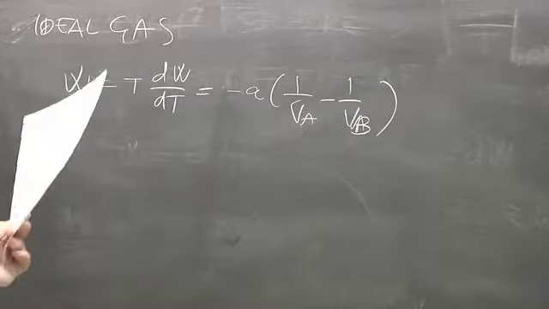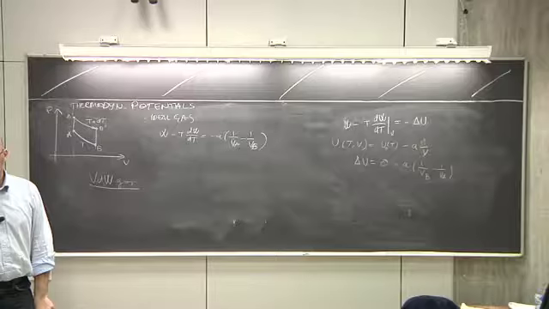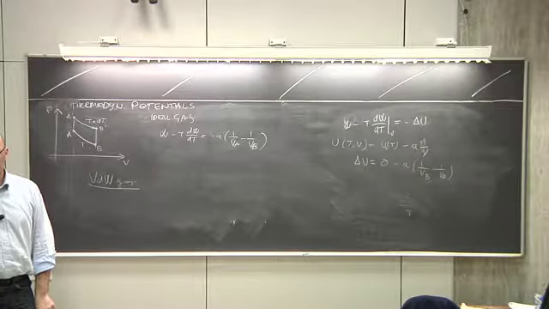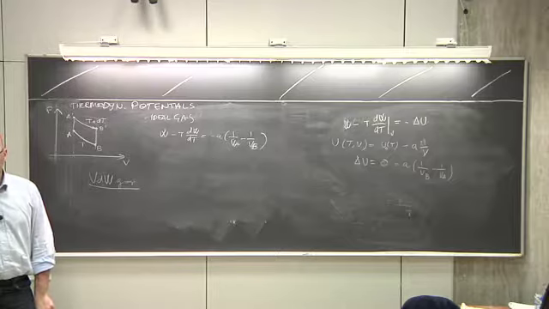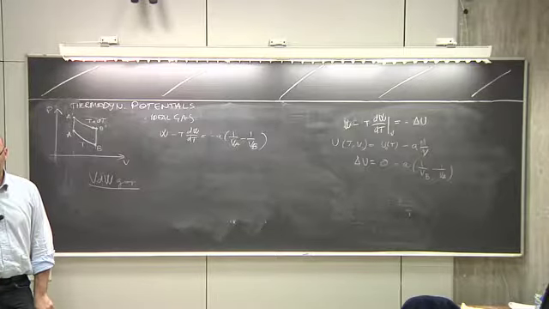Now, what's the solution of this equation? In general, we will have the log term and then 1 over VA. I mean, in principle, the solution has to reduce to the ideal one when we set A equal to 0. So we have to see something that looks like the ideal one.